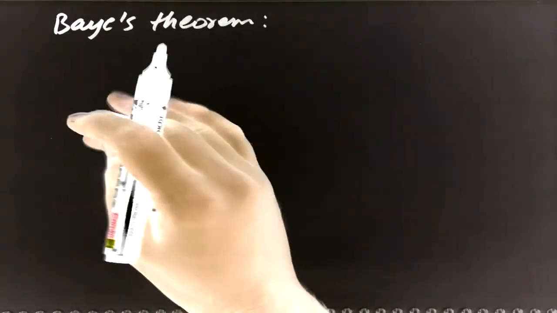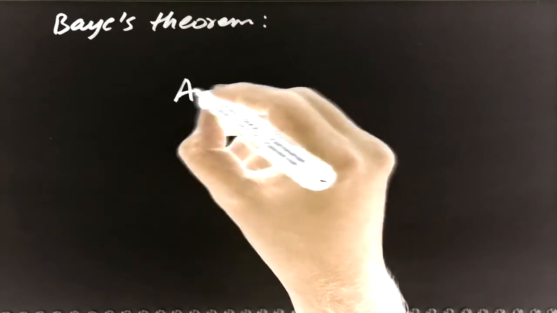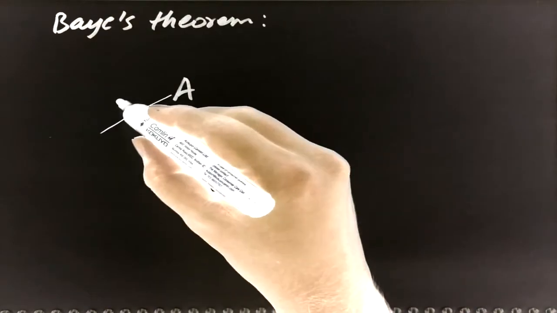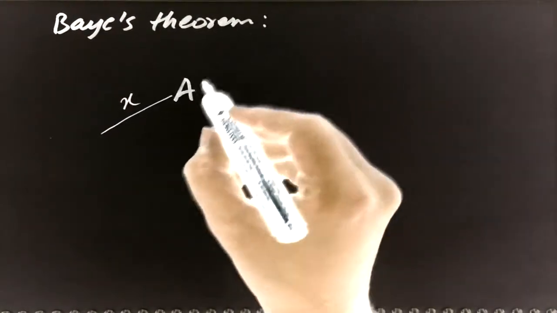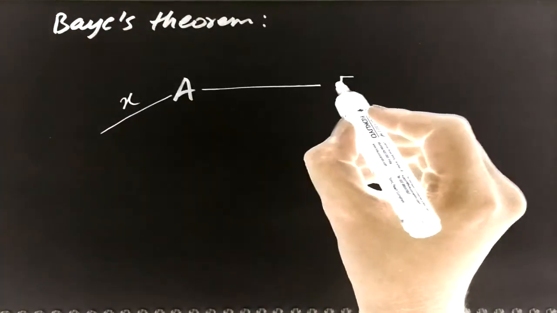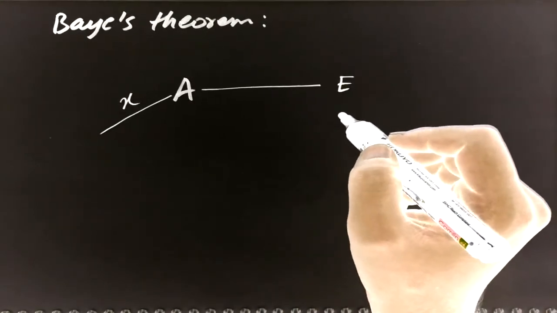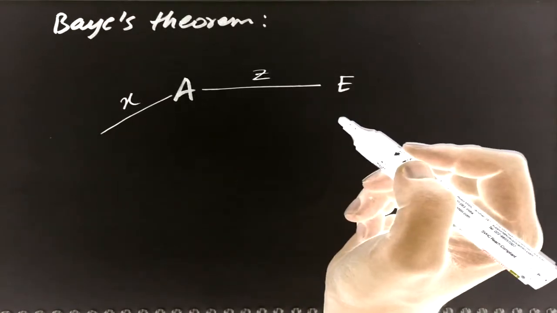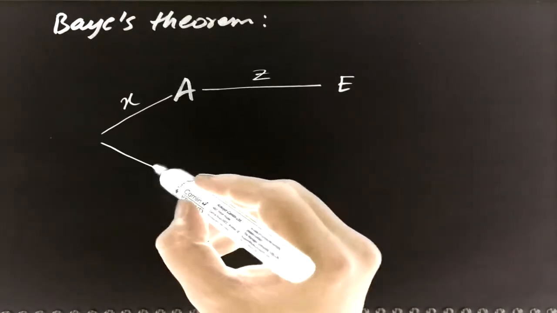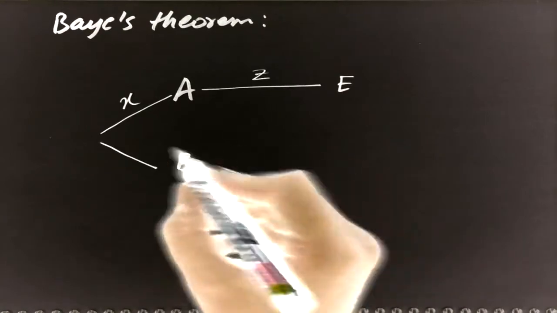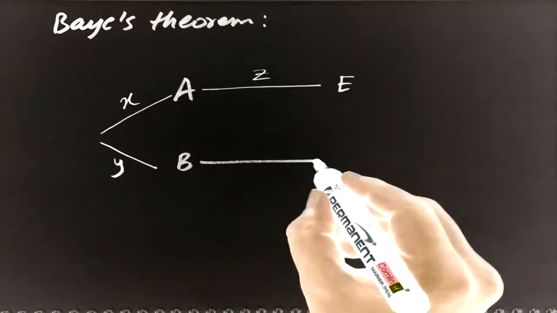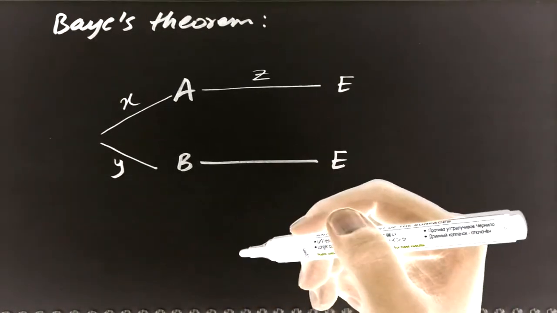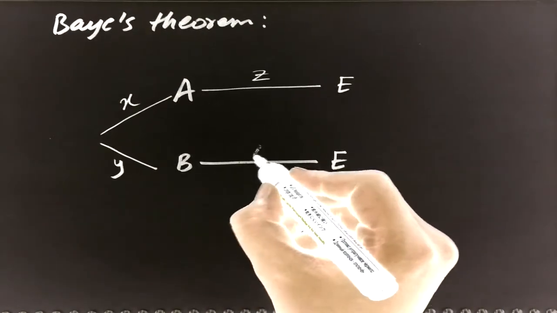So in the tree diagram we are going to draw that there is an event A. Suppose for doing event A the probability was X, and then there comes the event E, and the probability of doing E when A was completed was Z. Similarly, there was another event B whose probability was Y, and then the probability of getting E done when B was already done is assumed to be T.